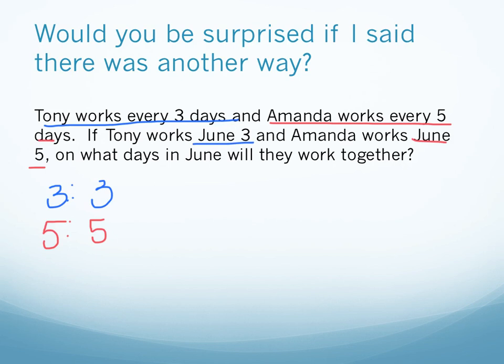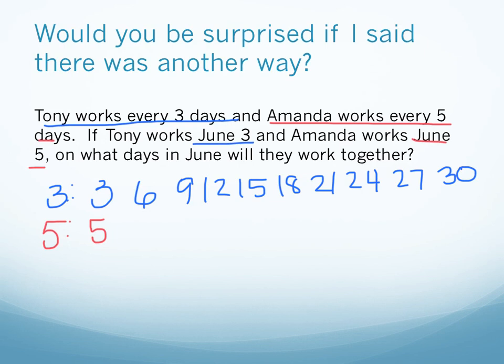Let's go ahead and list the multiples of 3. 3, 6, 9, 12, 15, 18, 21, 24, 27, and 30. And since we're talking about a month, I'm going to stop at 30 because there's 30 days in a month.